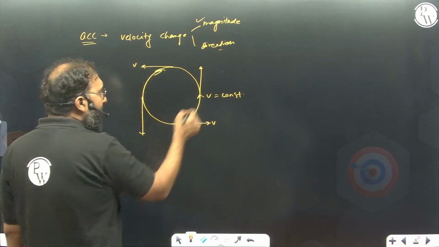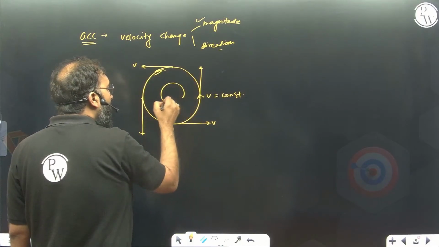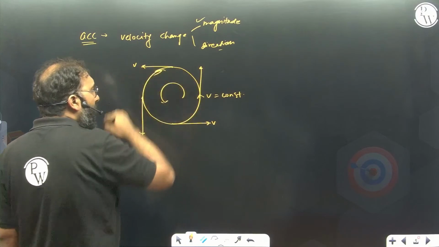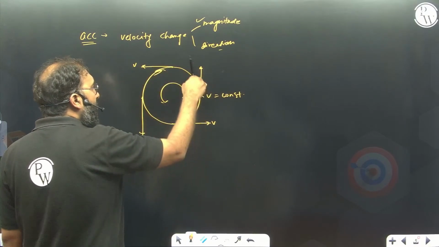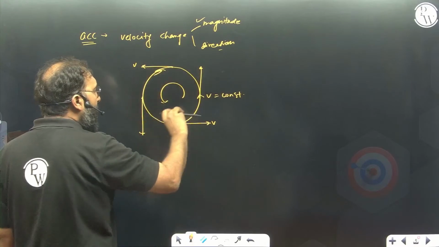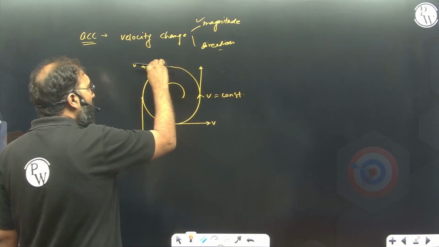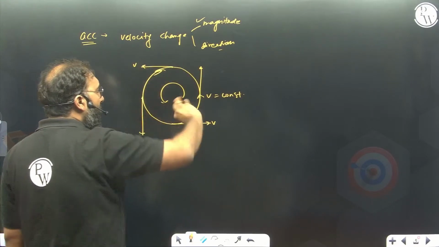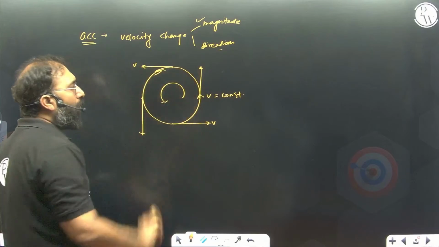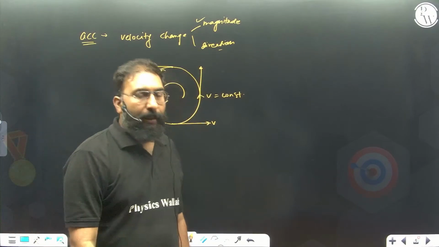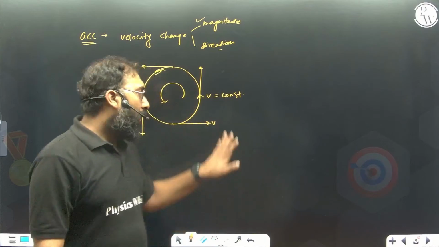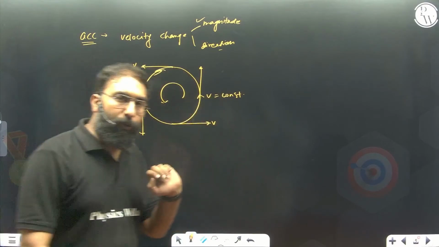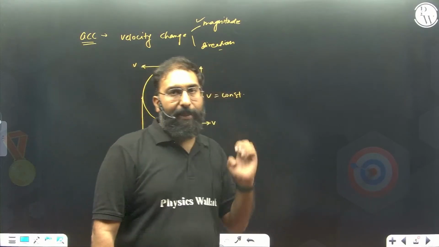So as you can see, this particle is moving here in an anti-clockwise direction. So continuously, the velocity vector is changing direction. And since this velocity vector is continuously changing direction, there will be acceleration on this particle. And the particle is going to experience an acceleration.